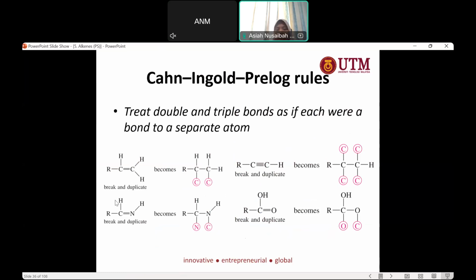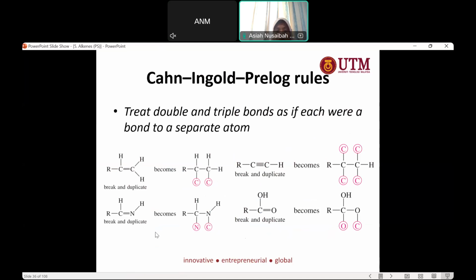On top, we break, so it becomes C single bond C. From double bond, we break one, becoming single bond C, C. Then after we break, we duplicate. First C attached with second C, first C attached with second C. Second C attached with first C, second C attached with first C, duplication.